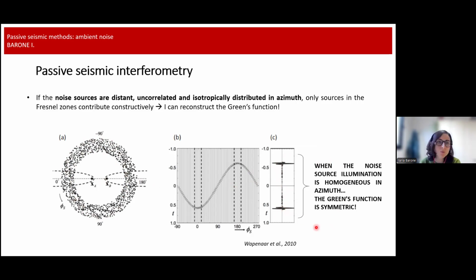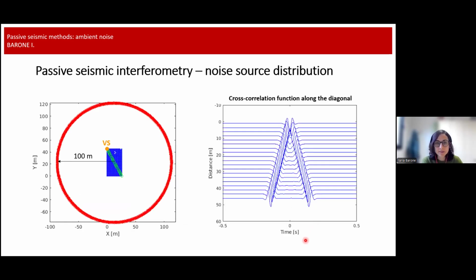So what happens when we don't have this isotropic illumination, but we have sources that are mainly on one side of the receiver array, of the receiver pair? I've done some simulations, and okay, here you have many receivers, the ones in blue, that cover a rectangular area.